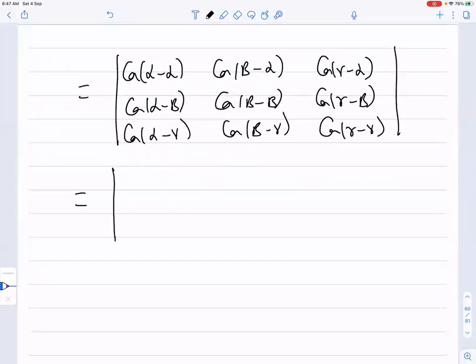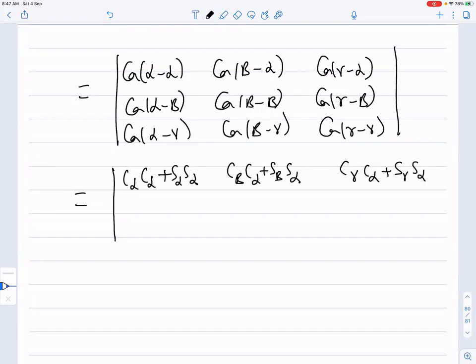Of course, you will write it as cos alpha cos alpha plus sin alpha sin alpha, cos beta cos alpha plus sin beta sin alpha, cos gamma cos alpha plus sin gamma sin alpha.